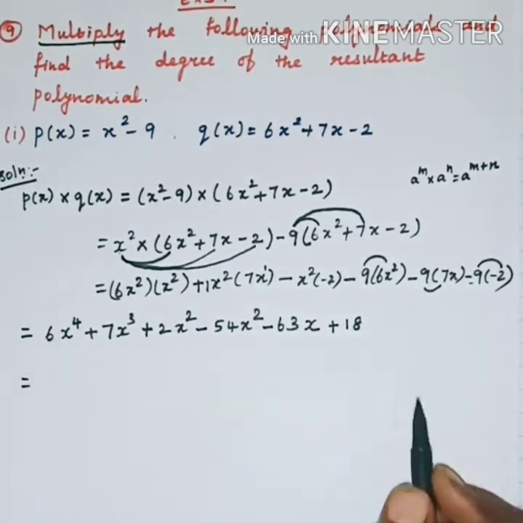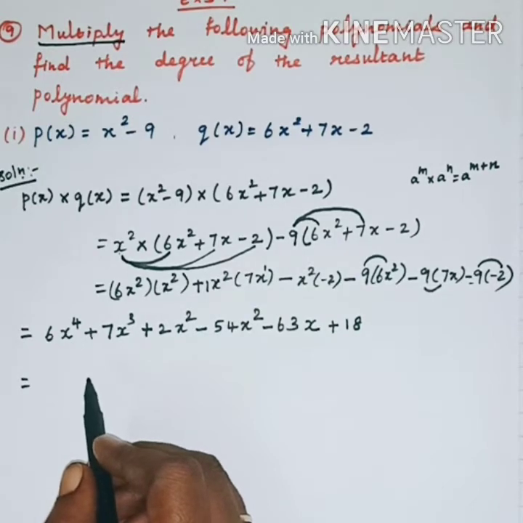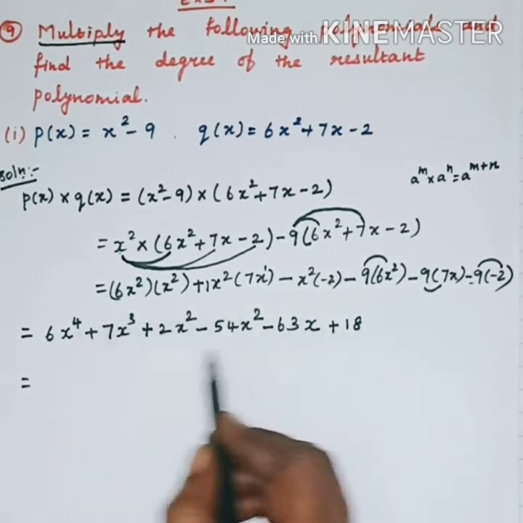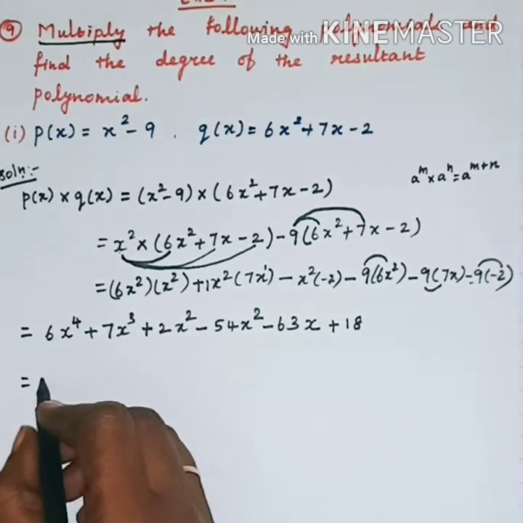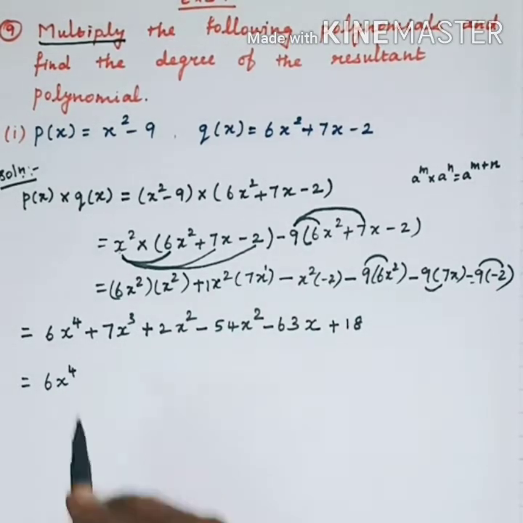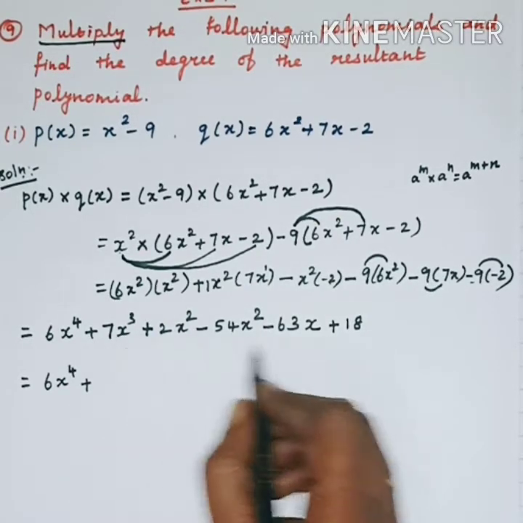Now we have to simplify. That means we have to combine the like terms together. So x power 4. Any other x power 4 terms are there in this expression? No x power 4 terms are there. So write this x power 4 term as it is. 6x power 4 plus x cube terms. Any other x cube terms?